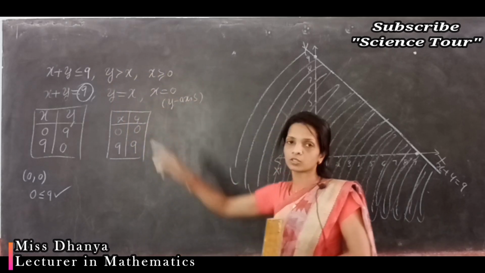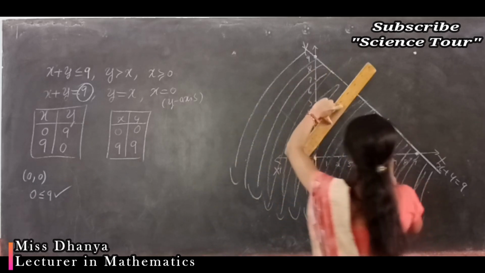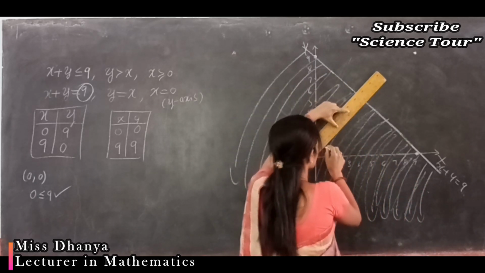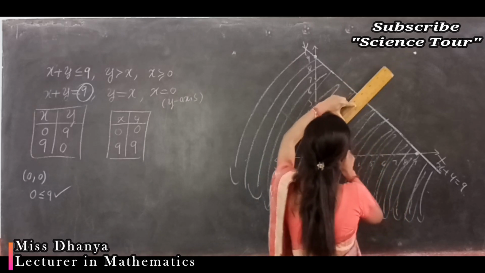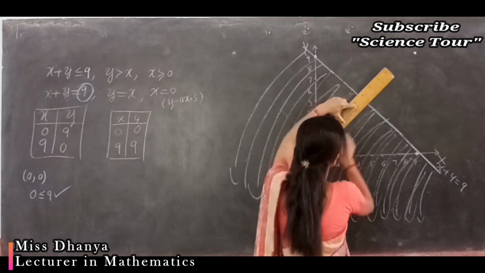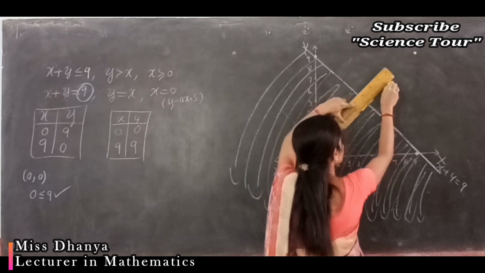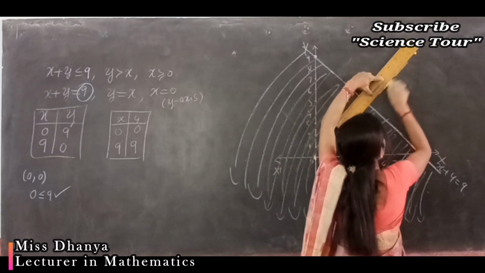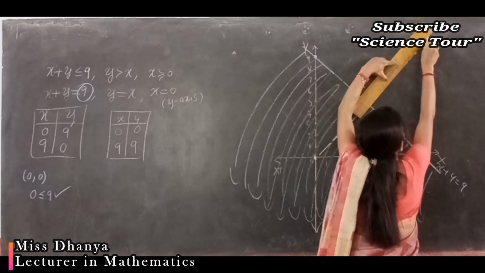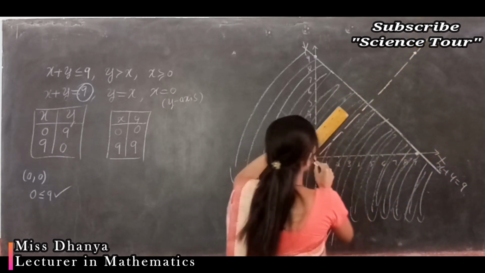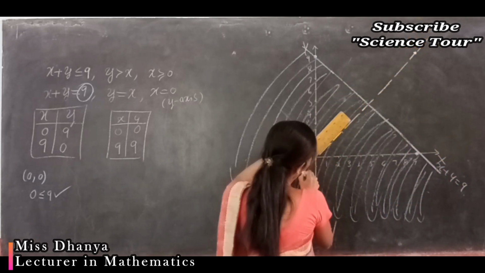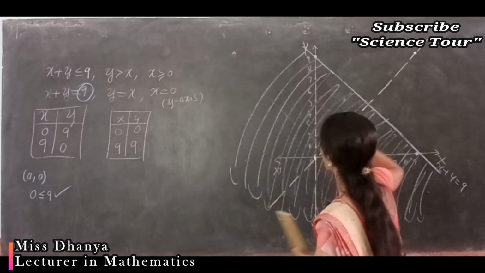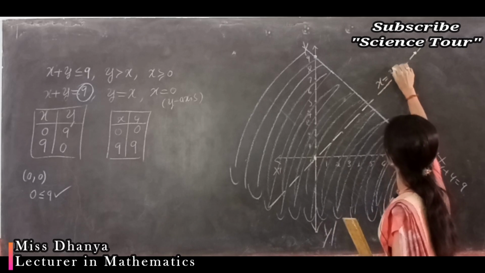Now we have a strict symbol, so you have to use which line? You have to use a broken line to join those two points. Okay, and you can extend in both directions without changing the direction of your scale. And this line is now x equal to y, or y is equal to x.